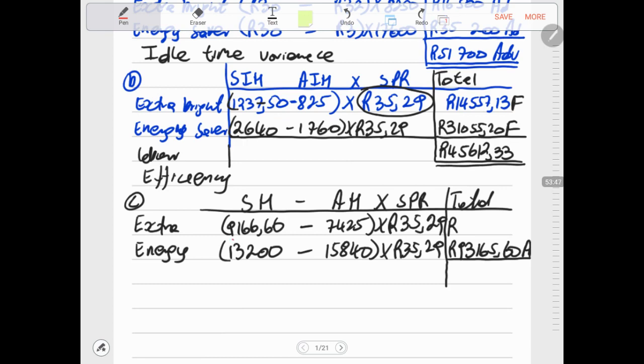Now, the standard hours are the hours our employees were supposed to have spent being productive, but they spent 15,840 productive hours, meaning they were not very efficient, because they spent more hours than it was supposed to be. They should have spent 13,200 hours being productive, but they spent more time.